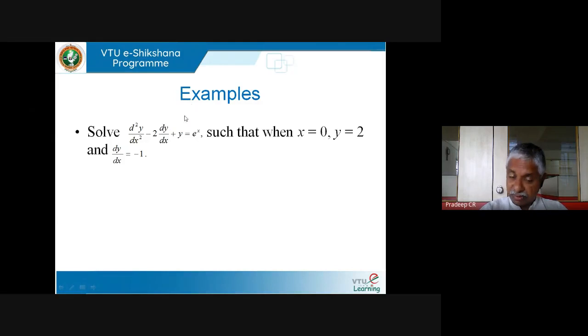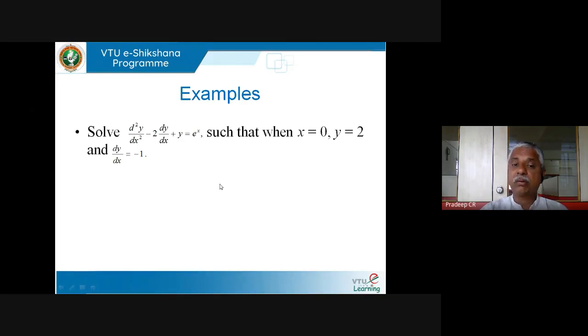I want to solve this. That means what? I want to find a function which, when I substitute it in this, makes this equation true. The moment you see the problem, you have to figure out initially that the independent variable is x and the dependent variable is y. d square y by dx square or dy by dx tells you that y is dependent on x. y is a function of x, which is what you are trying to find.